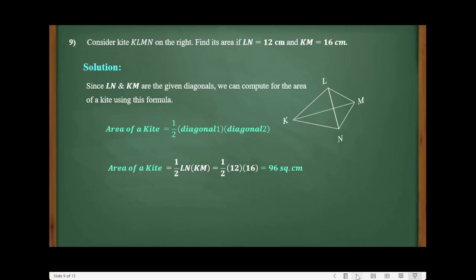So basically, we directly substitute the given lengths. So that is 1/2 of the length of segment LN and that of segment KM. So plug in their given values. For LN it's 12 and for KM it's 16. Now simplifying this resulting expression, you will notice that the area of this kite is actually 96 square centimeters. Okay.